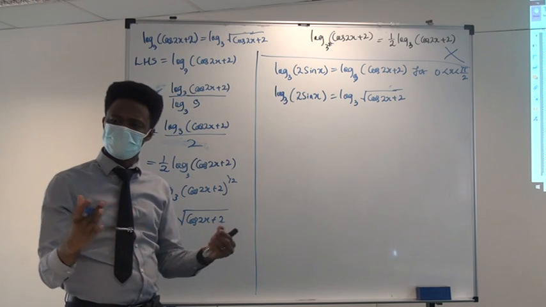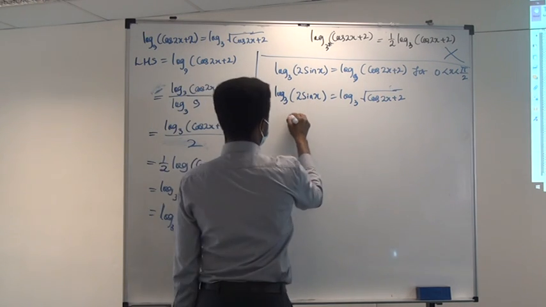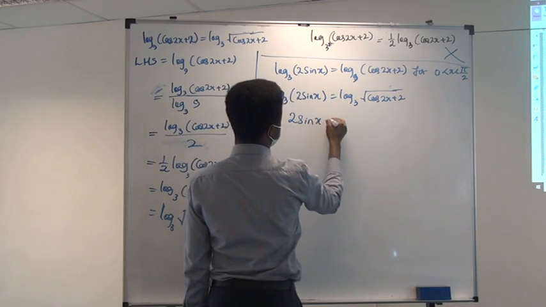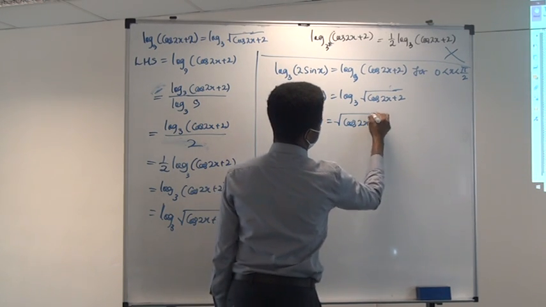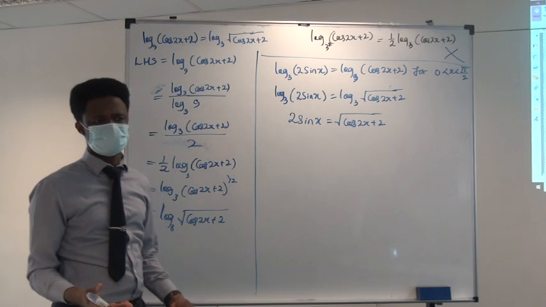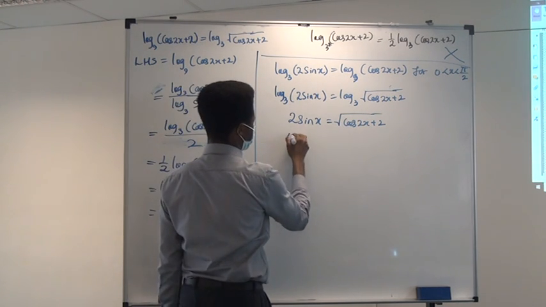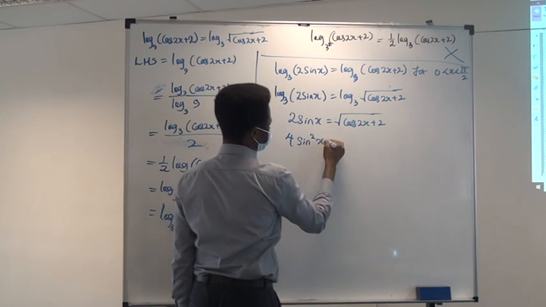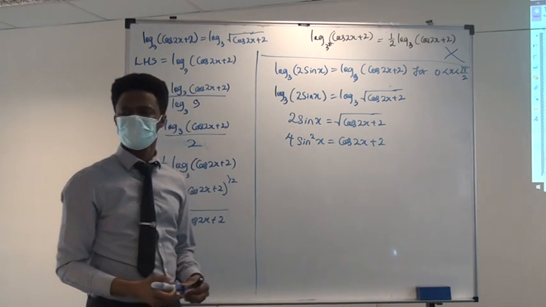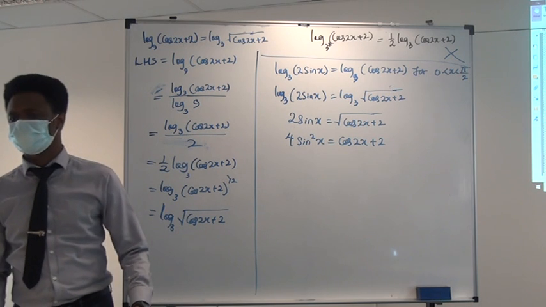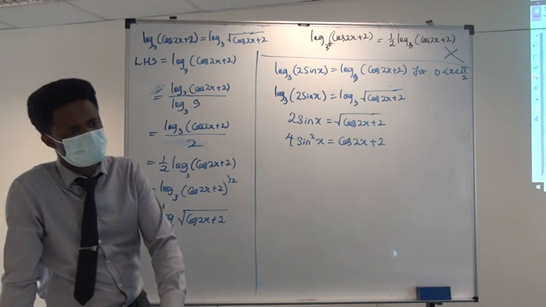And because the logarithm on both sides is now on the same base, then you can equate the numbers. And you can remove the square root by squaring both sides, isn't it? So 4 sine squared x equals cos 2x plus 2. If you want to solve this trig equation, can you solve with sine and cos together appearing?